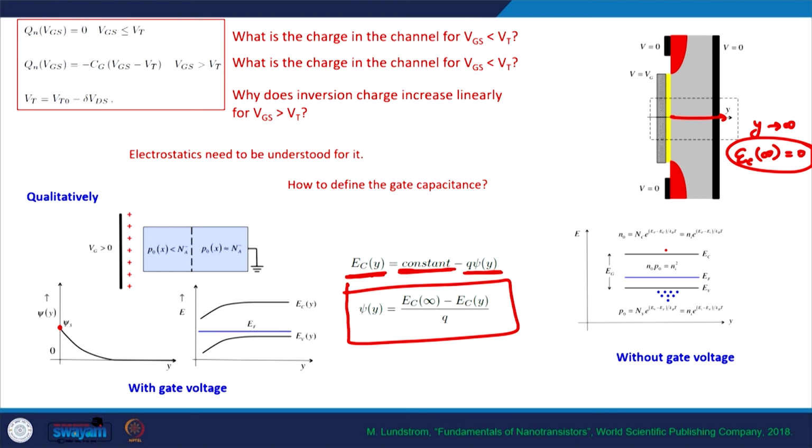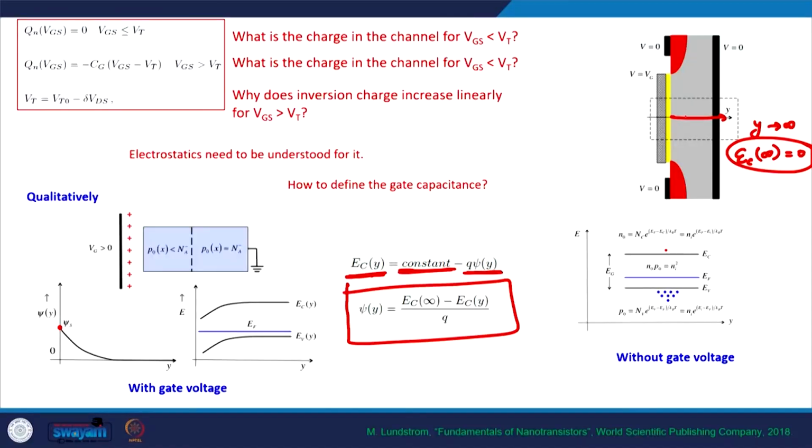So just take a moment and maybe think about it. Mathematically we need to use the Poisson equation, and intuitively we need to understand the band diagram in the semiconductor when we apply any voltage on the gate terminal and later on the drain terminal as well.